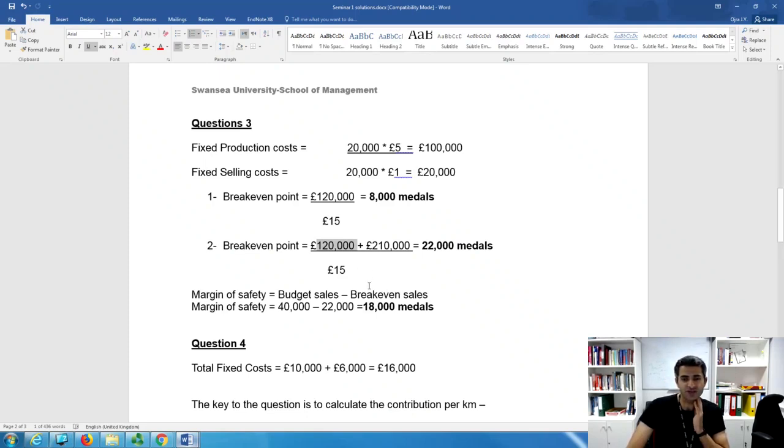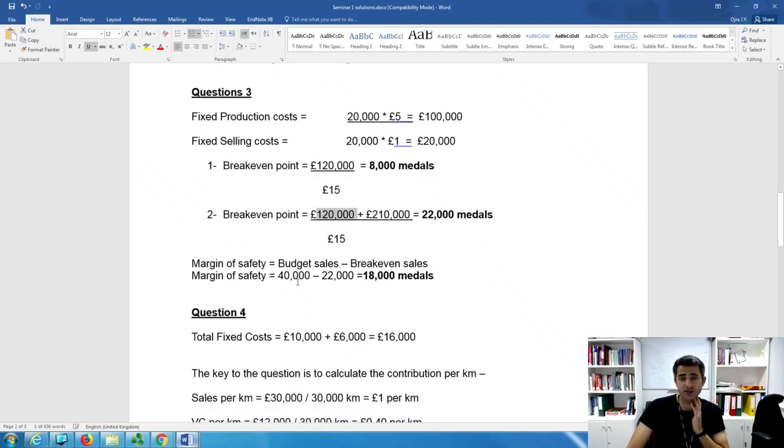For margin of safety, very simple. Budgeted sales are 40,000. Why 40,000? Because he's doubling his production from 20,000 units to 40,000 units, minus the break-even point in units, 22,000.